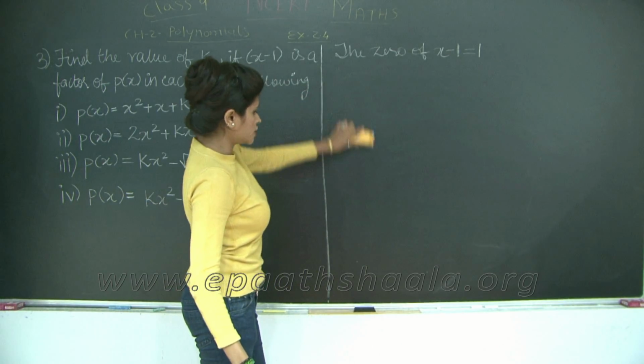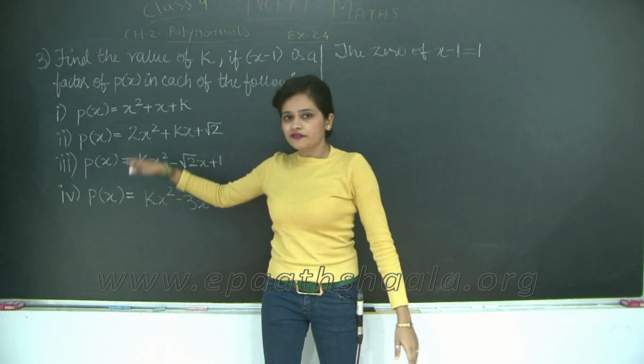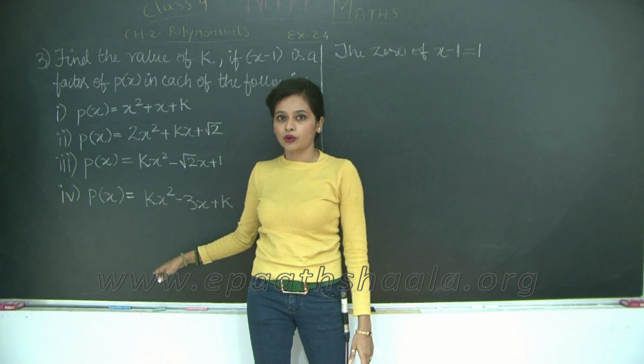Now, when we substitute x is equal to 1 into any of these polynomials, we will get the value as 0. That is, p(1) will be 0 in each of the following cases.